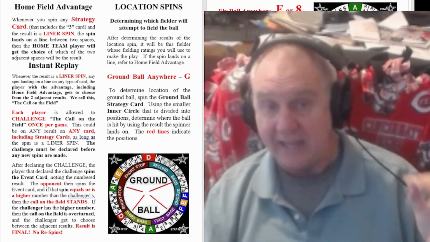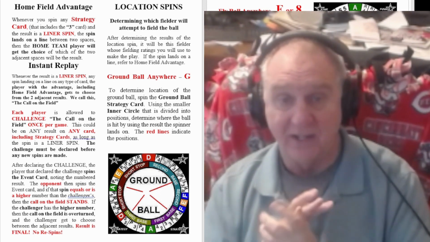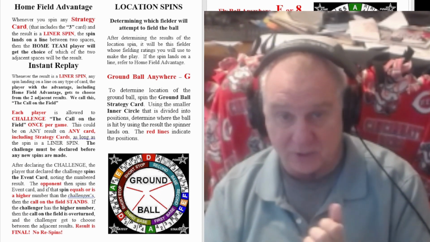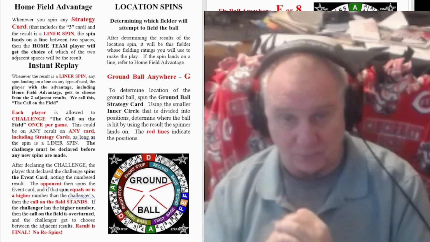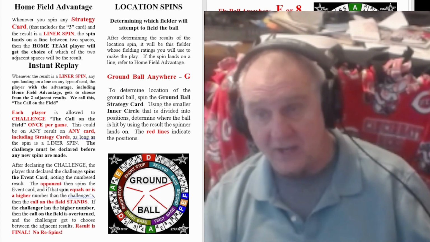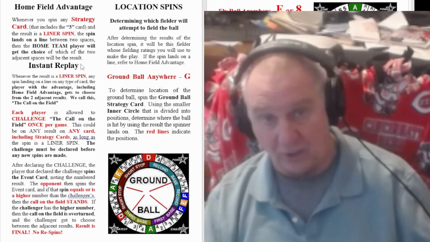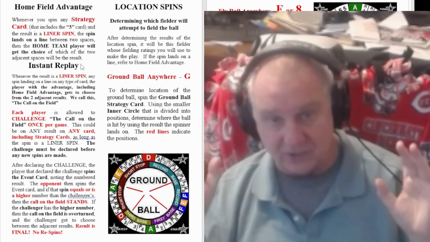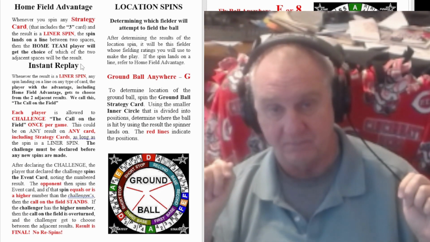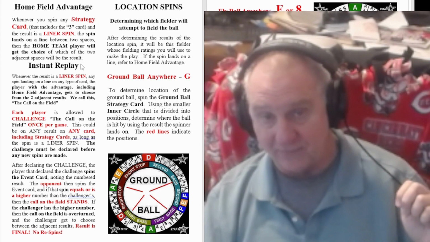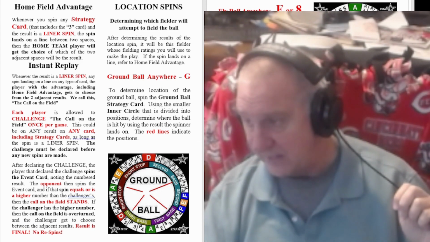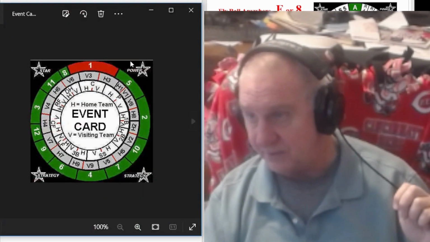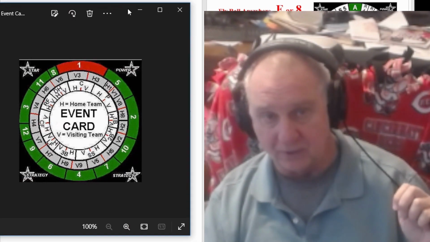And the very last thing has to deal with these liner spins, home field advantage spins, and that's the instant replay. As far as I know, Star Power Baseball is the only game that uses instant replay. And this is the card that is so crucially important when we use instant replay.